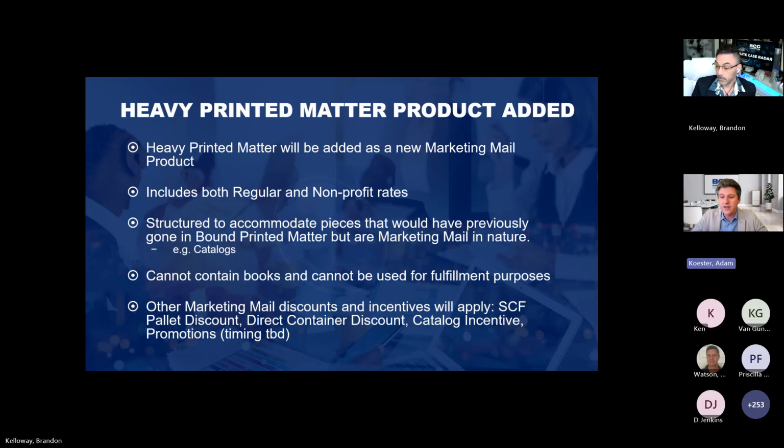And the promotions that can apply to heavy printed matter will be applied in the future. They're not going to apply directly in July. None of the 2026 promotions had that in their filings, so they're not going to try to retroactively apply the 2026 promotions. But I believe as they get into the 2027 promotions, that's where we'll start to see those discounts applied to heavy printed matter as well.